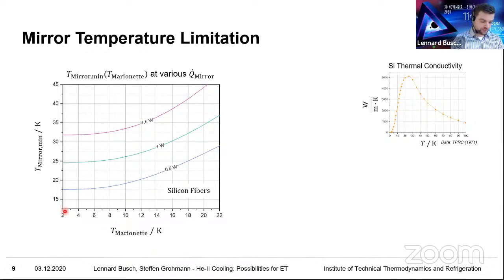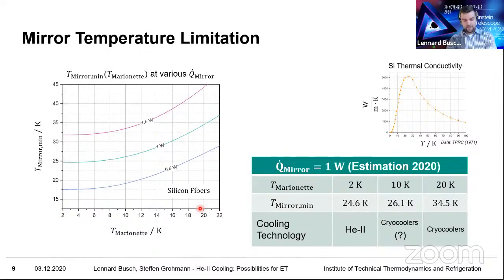If you look at 2, 10, and 20 Kelvin, for example, we'll list that for you again. You'll see that between marionette temperatures of 2 and 10 Kelvin, you only have a slight difference in the mirror temperature that you could reach, whereas once you go all the way up to 20 Kelvin in the marionette, you'll end up with the mirror at a temperature even higher than 30 Kelvin.